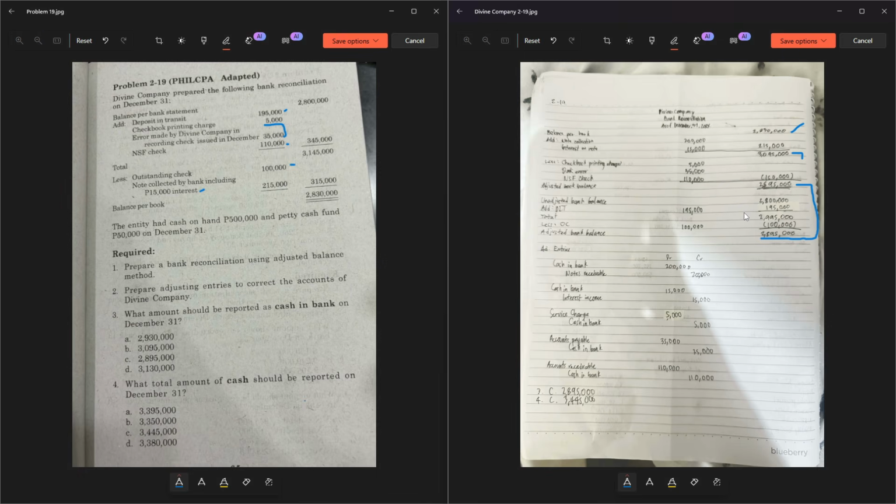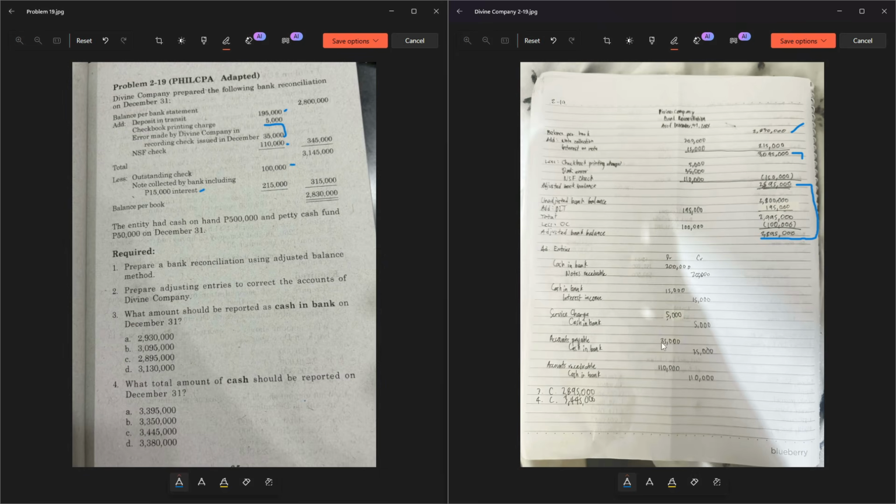I think. Then the adjusting entries for Divine Company: cash in bank 200,000 debit, notes receivable 200,000 credit. So this one, this is the face value of the note, and this is the cash in bank. And self-explanatory, the interest income, this is the interest on the note. The service charge, debit because it's a debit memo, and it subtracts cash from your bank, so credit the cash in bank.